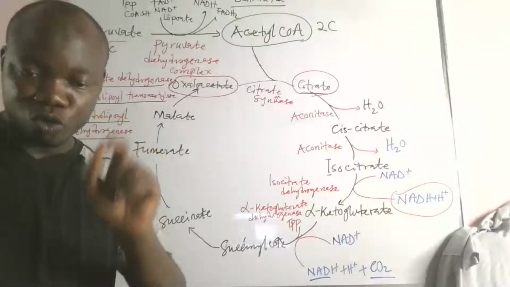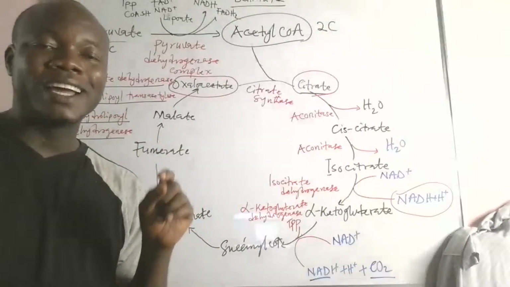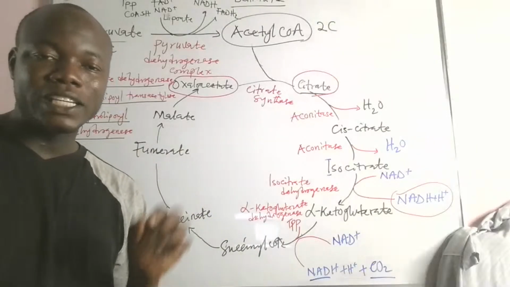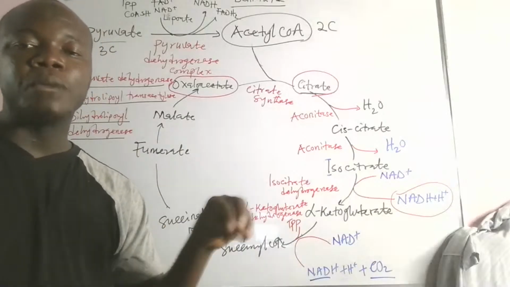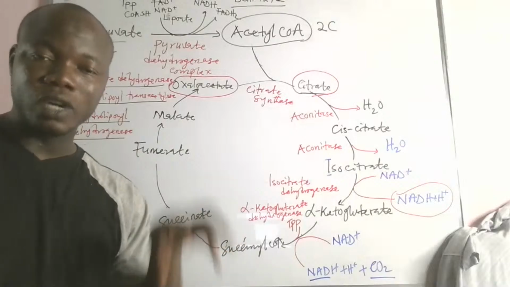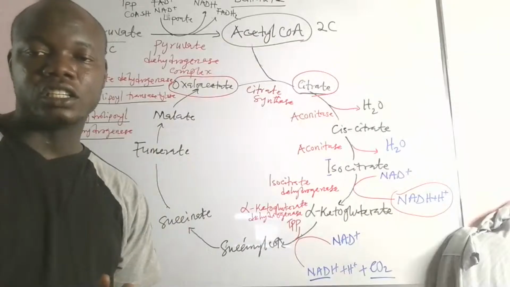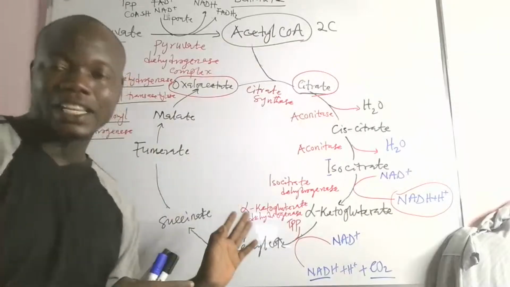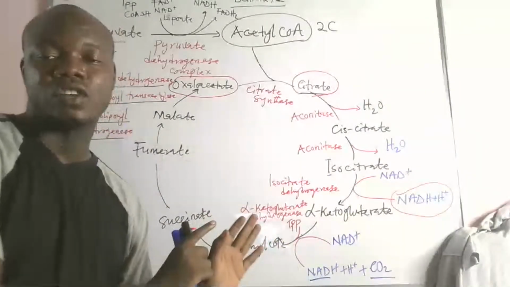Do you know the question that they usually ask? I want you to jot it down. What is the relationship between carbohydrate metabolism and beriberi? They usually ask this question in the Biochem 242 examination. So I want to ask the question and then we answer it here, so that when you come to such questions, you can easily address them.